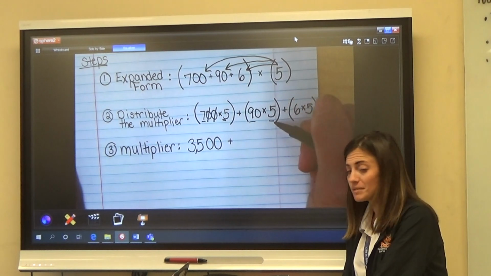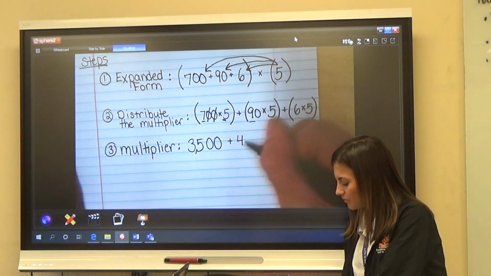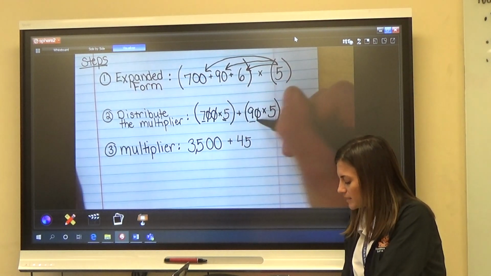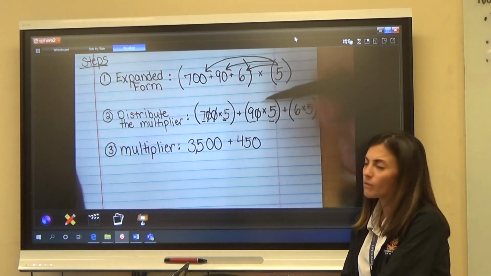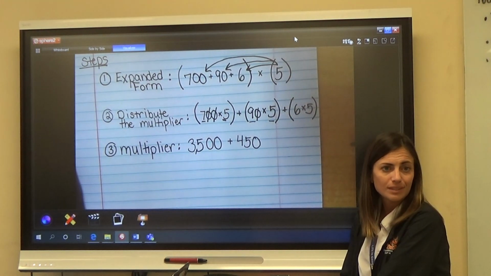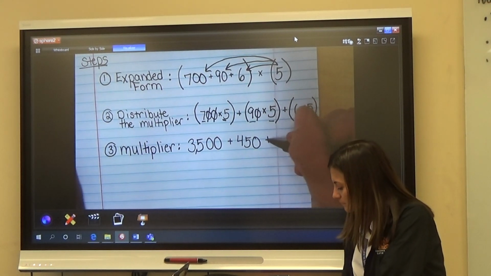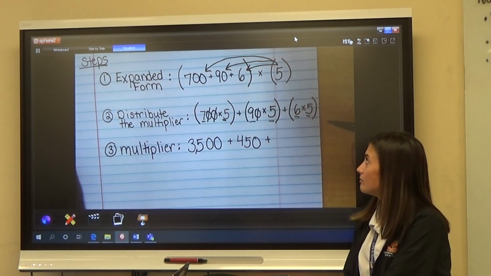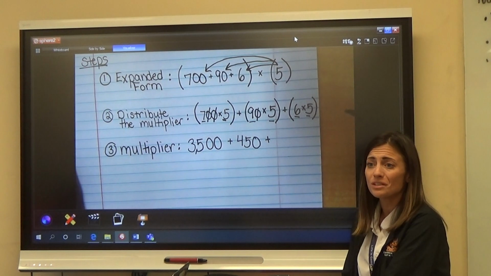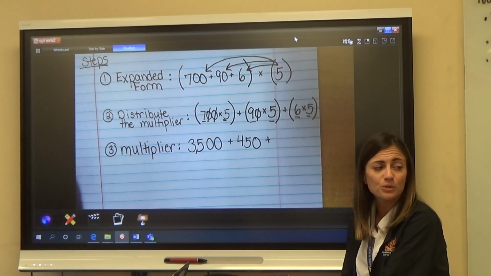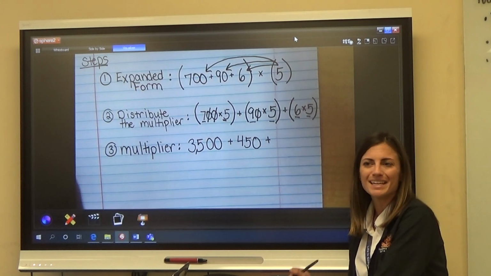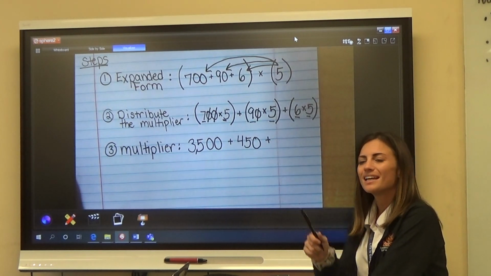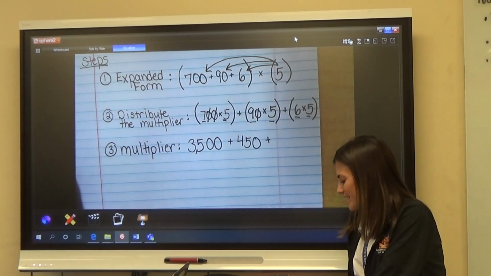We do 9 times 5, which is 45, and then we add 1 0 to that answer because there was 1 0 in my factors. Now my last one, 6 times 5. There's no zeros, so I'm just going to figure out what 6 times 5 is. Who can tell me? 6 times 5. Oh, I got so many hands, it's hard to choose. Yes? 30. 30.